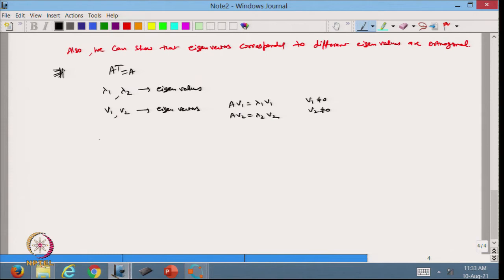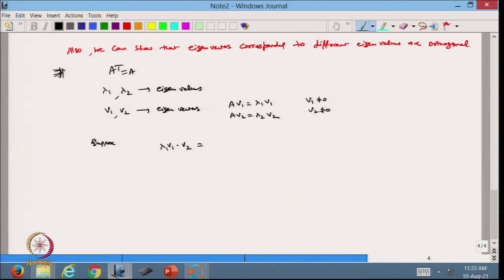Now, let us suppose I take lambda 1 V1, taking the dot product with V2.